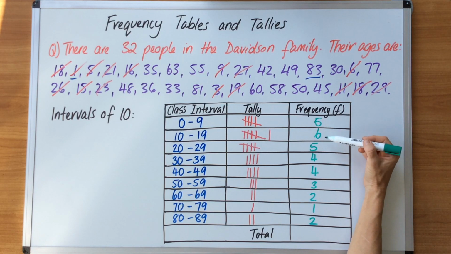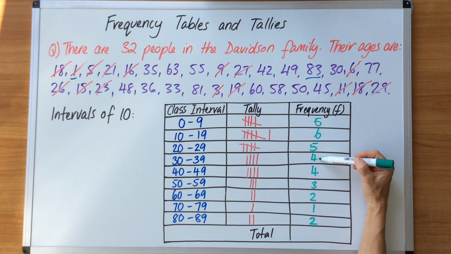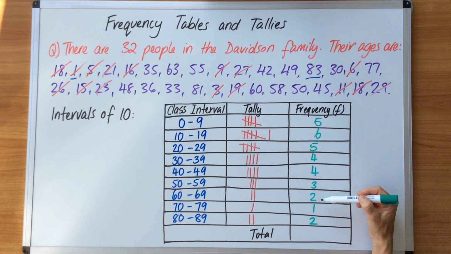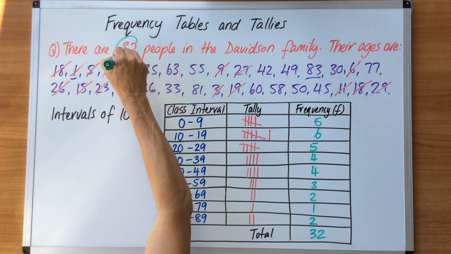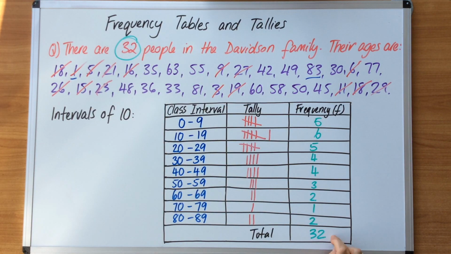If we add 5 plus 6 plus 5 plus 4 plus 4 plus 3 plus 2 plus 1 plus 2, we end up with 32, which is the original number. And if we don't get 32, it means we've made a mistake. When we get 32, it means we've pretty much got that correct.